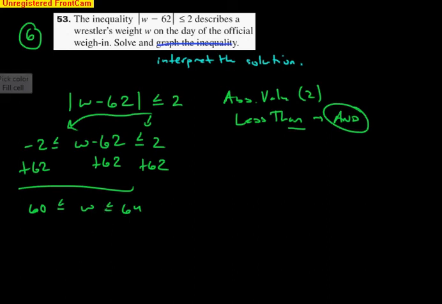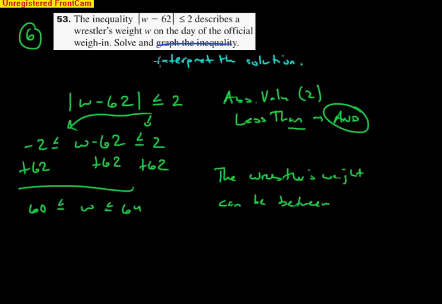So the question is, how do we interpret this? Well, this is representing the wrestler's weight. So the wrestler's weight can be between, now this is in pounds, I'm sorry the problem didn't say, it's in pounds, can be between 60 pounds and 64 pounds inclusive.